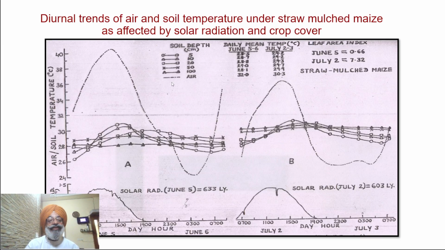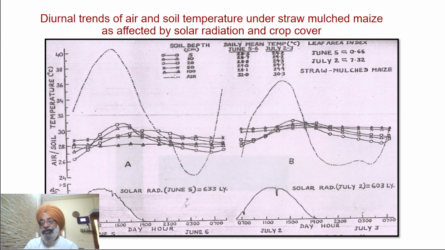So this is very interesting. See over here the peak of 40 degrees centigrade air temperature, and the peak is slightly some 32 point something in case of 5 centimeter soil depth, which is covered with straw mulch.